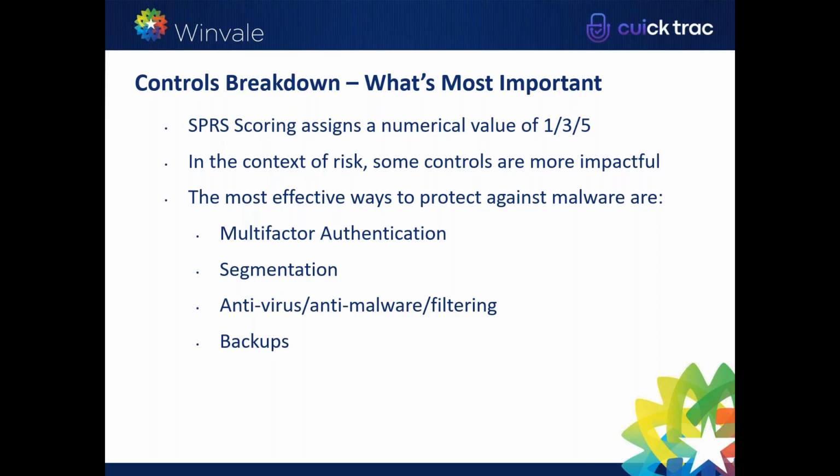We're actually working backwards. We're assuming that you're starting with a perfect score of 110, and then we're subtracting. The minimum score would be negative 203. So the point values for all 110 controls total up to 203. If you haven't implemented any of those, then that would be your score.